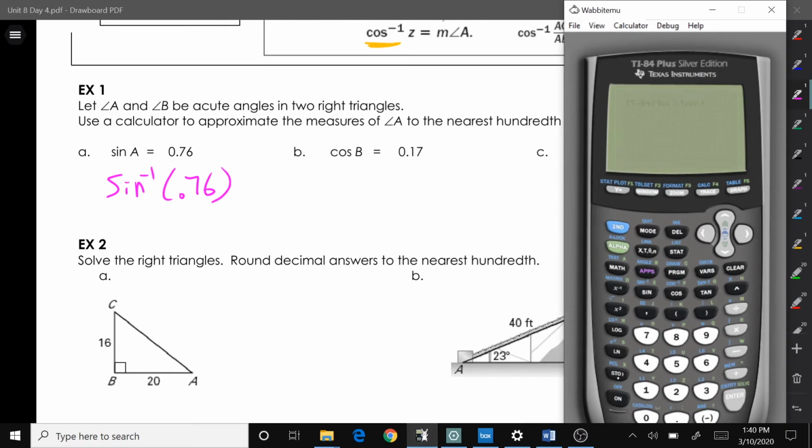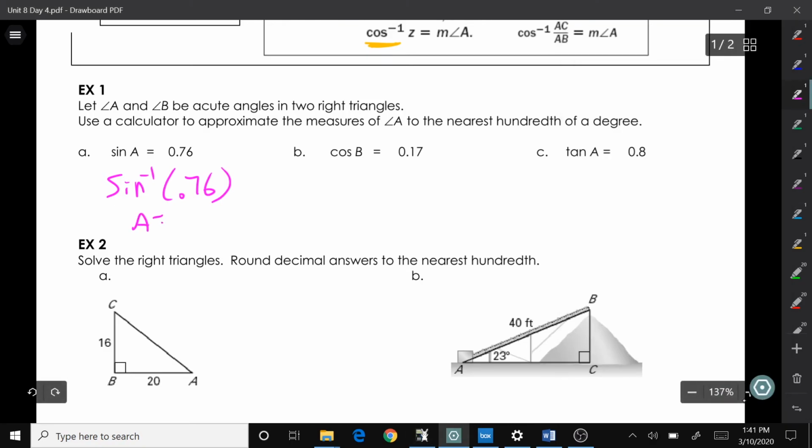I have to make sure I'm in degree mode if I have a graphing calculator. Then I do the inverse sine of 0.76. That's 49.46 degrees. So A is 49.46 degrees, because the directions say the hundredth of a degree, so that's 2 decimal places.